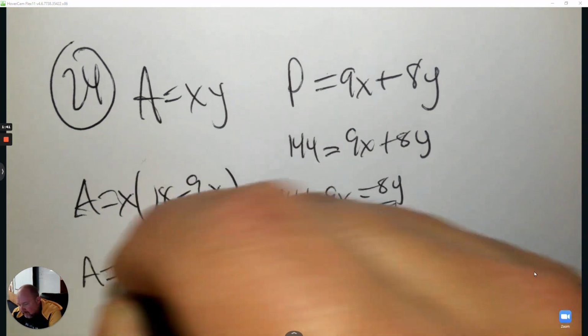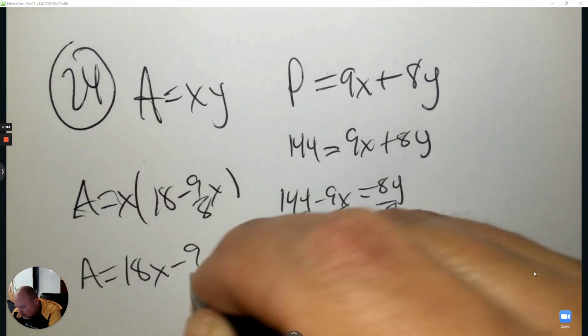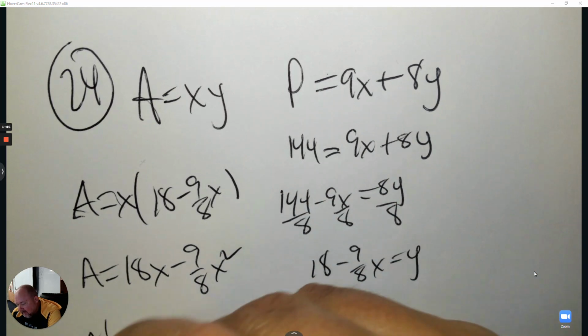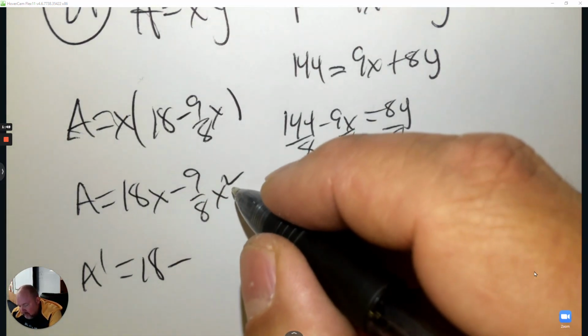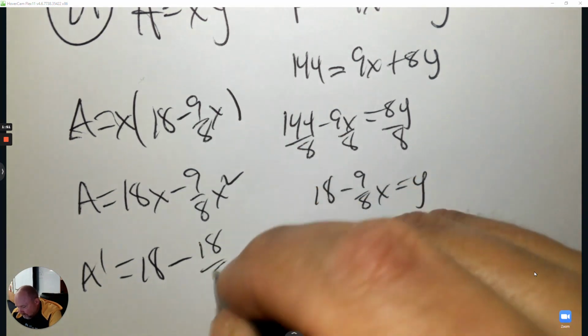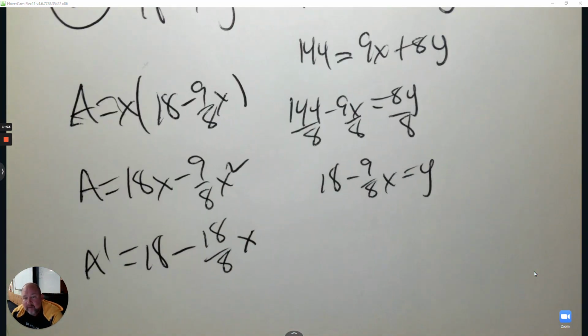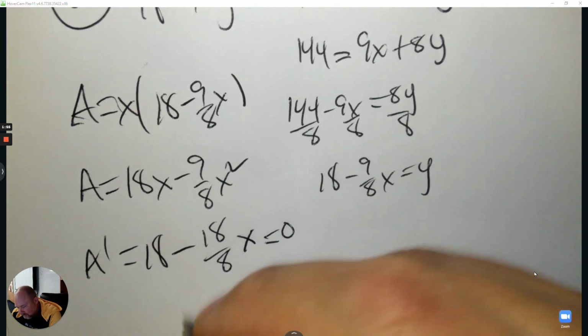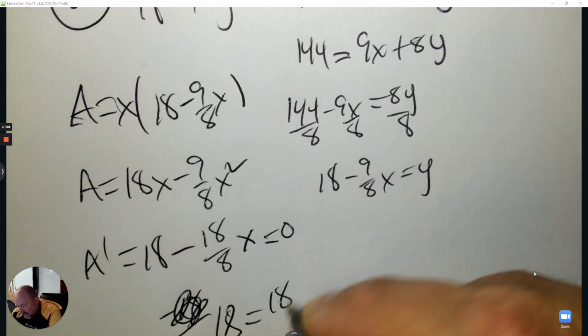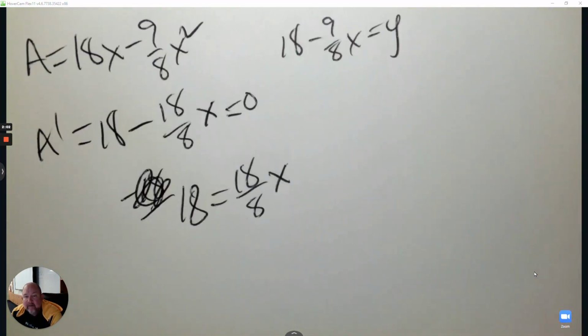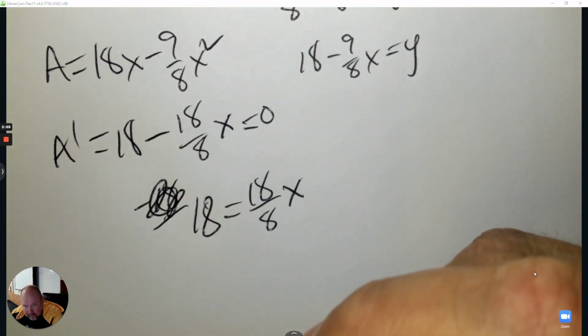Okay, we're going to distribute. Then I'm going to take the derivative of that. That's 18 minus 18 over 8 x equal to 0. I'm going to add. It might be helpful to reduce it down.